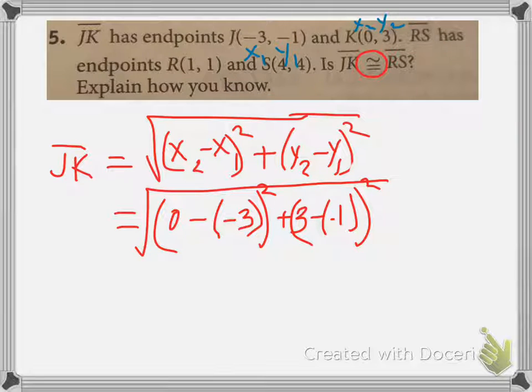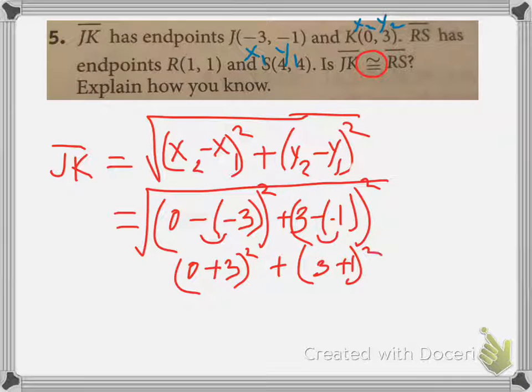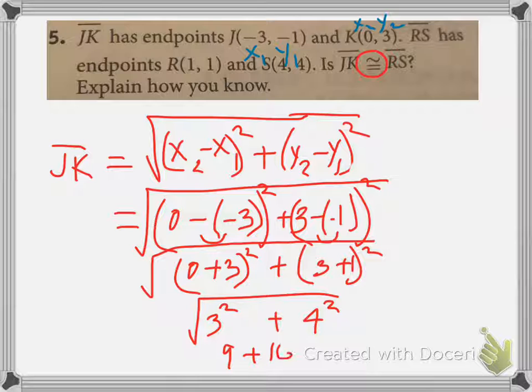Always do the inside of the parentheses first. Two negatives become positive: (0 plus 3) squared plus (3 plus 1) squared, under the square root. That's 3 squared plus 4 squared, which is 9 plus 16, which is 25. The square root of 25 is 5. So the first one is 5.